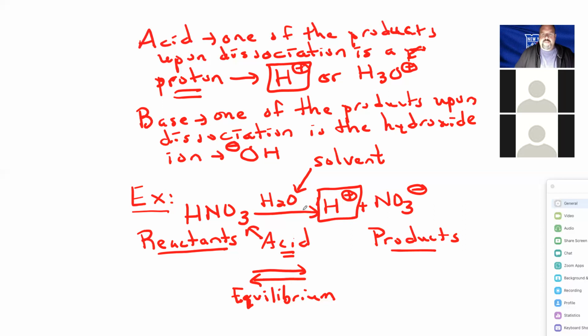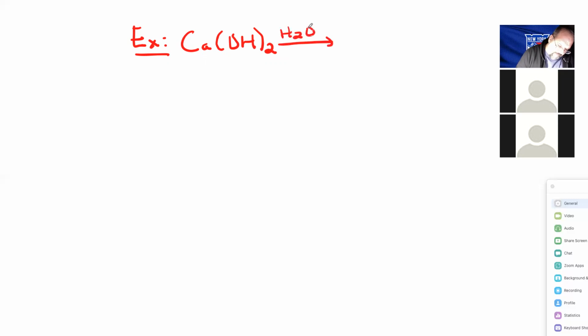Let's take a look at one more example. Let's look at the equation for what happens when you take a compound which has the chemical formula of Ca(OH)2, and you place it in water.